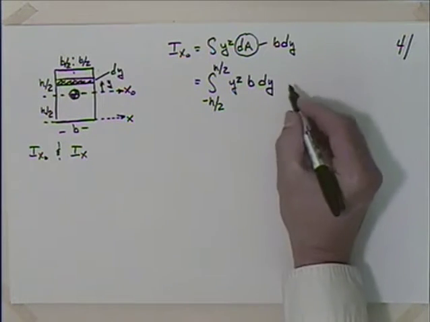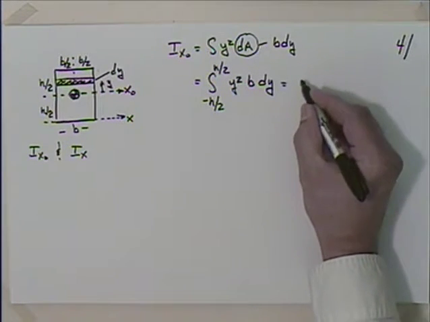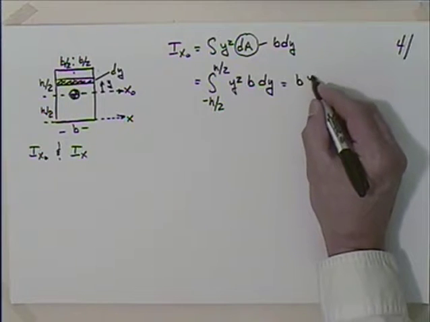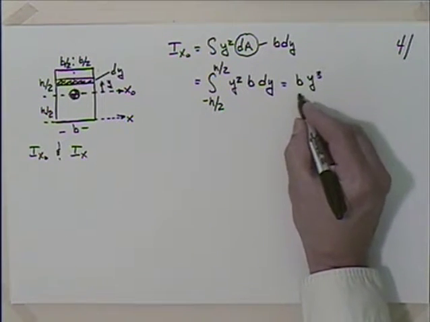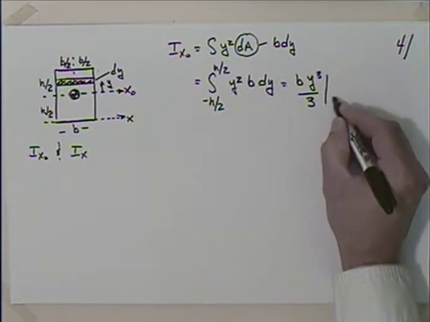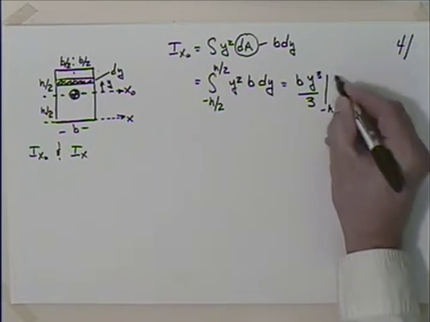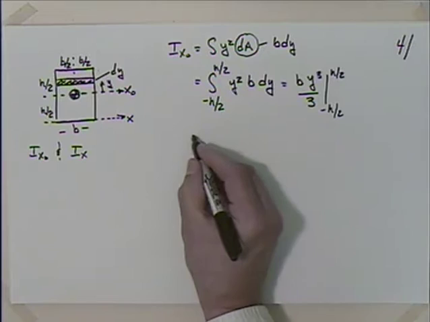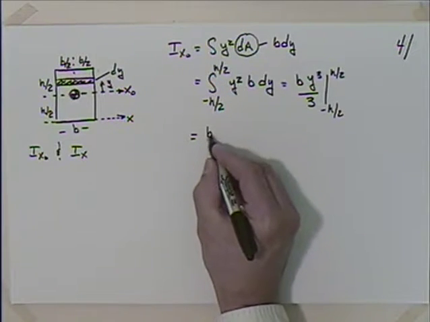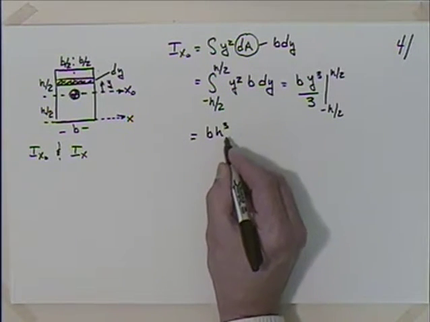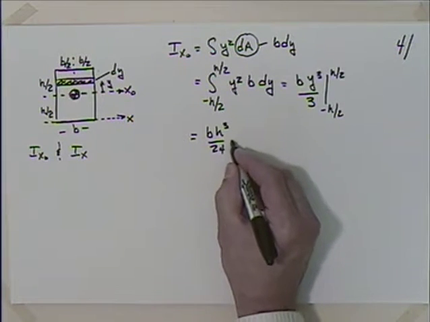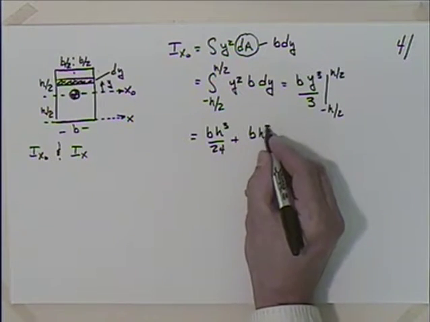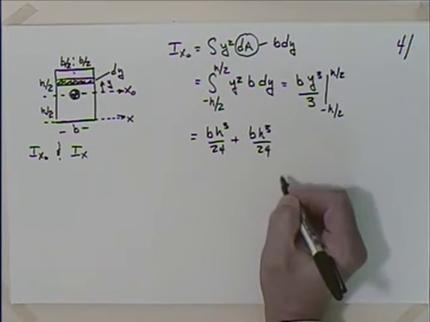So you can actually go through this. This ends up being what? Base times y cubed divided by 3, evaluated at minus h over 2 and h over 2, which gives me what? Base times height cubed divided by 24 plus base times height cubed over 24.